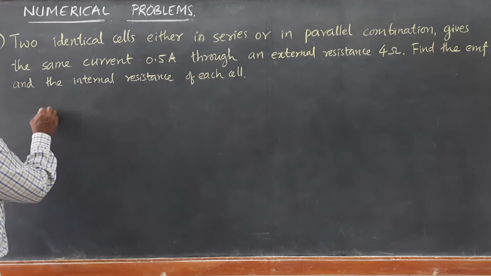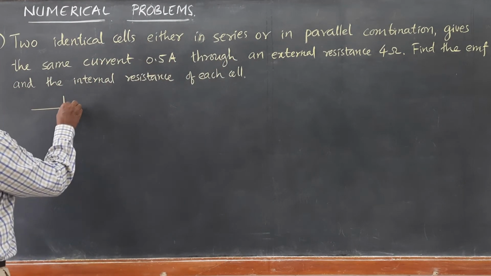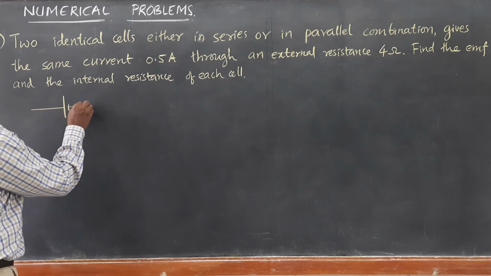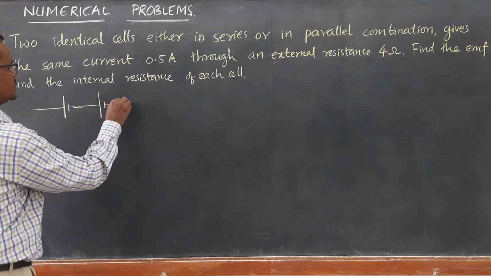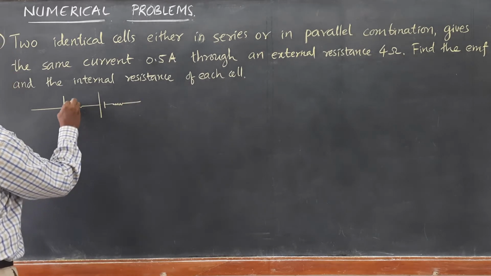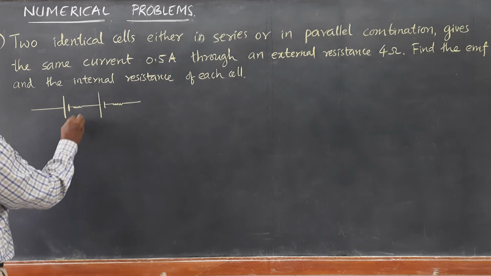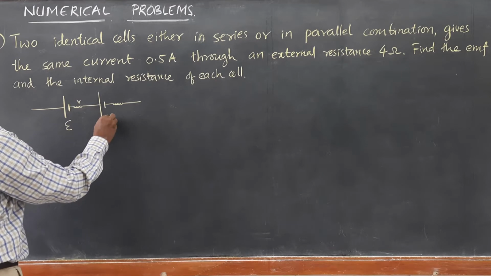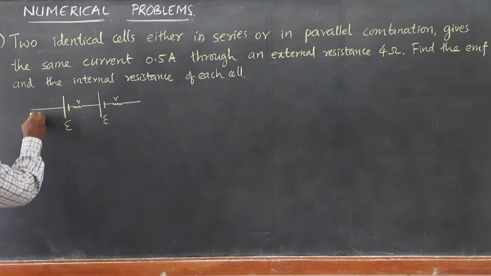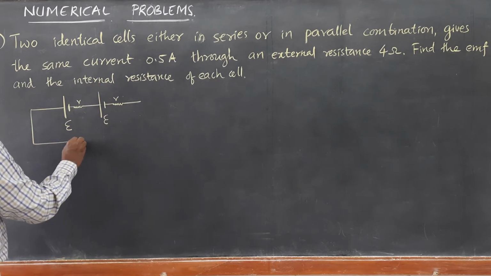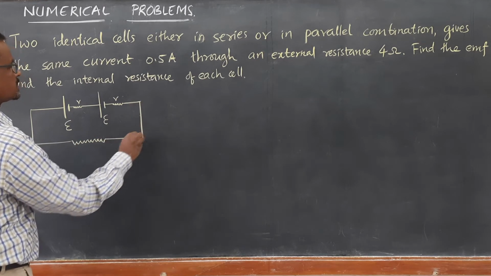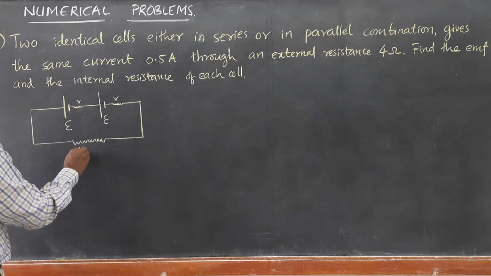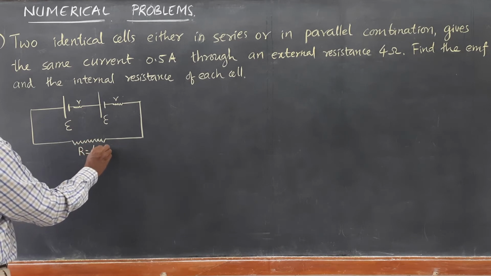So first I will draw the cells symbolically. Two cells of identical nature, both having EMF E and internal resistance r, connected in series. Now connected to a series resistor, which is given here, resistance R equal to 4 ohm.